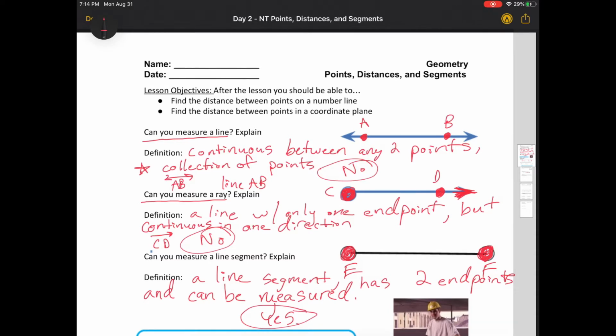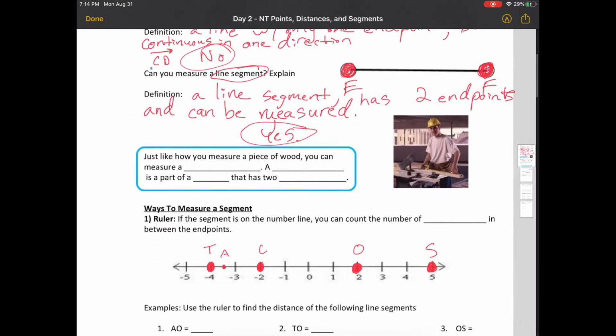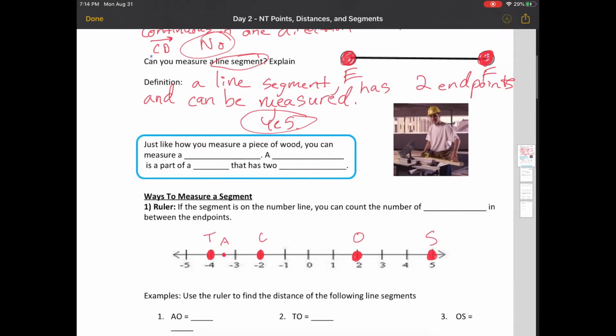So look at the differences. Here, we have a regular line, continuous in both directions. A ray is considered continuous in one direction, and then a line segment has 2 hard stopping endpoints. So now let's move on. So why would we need to do this?